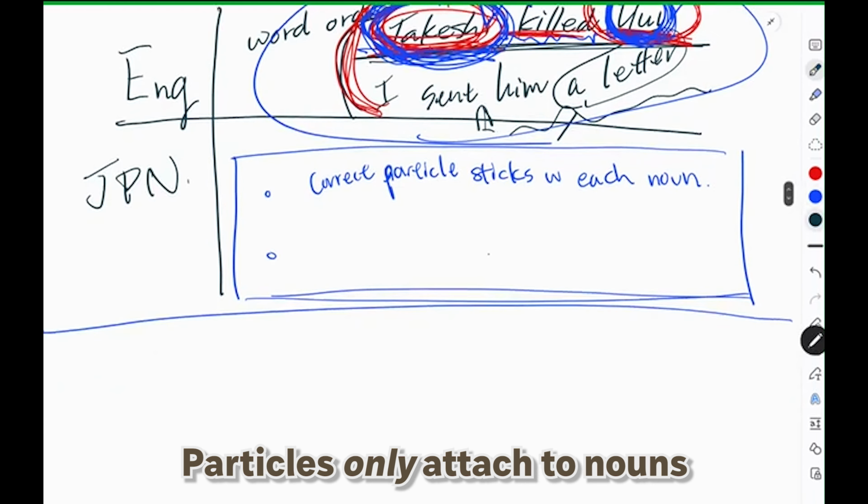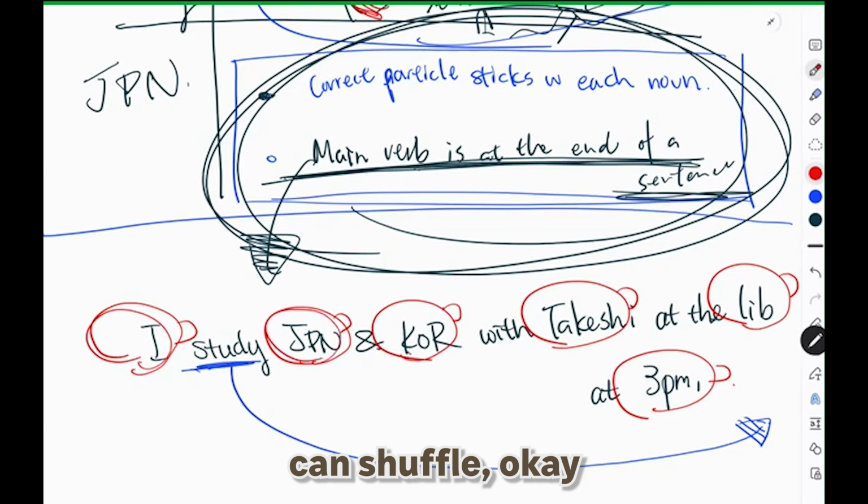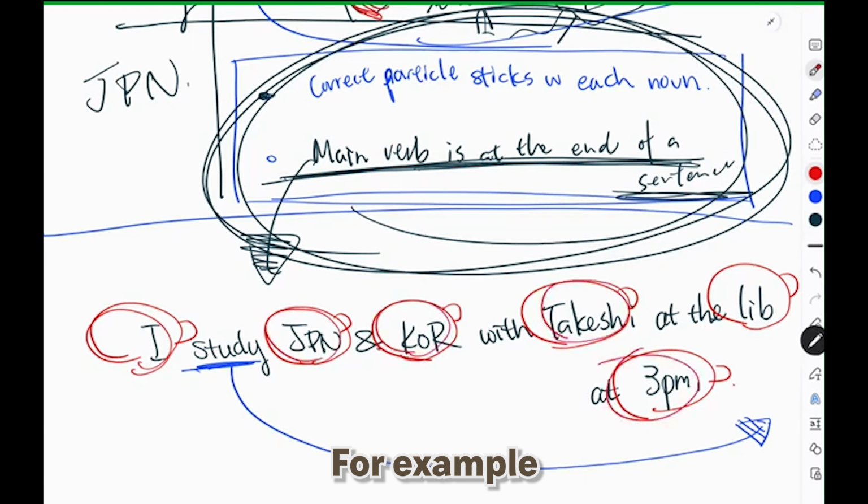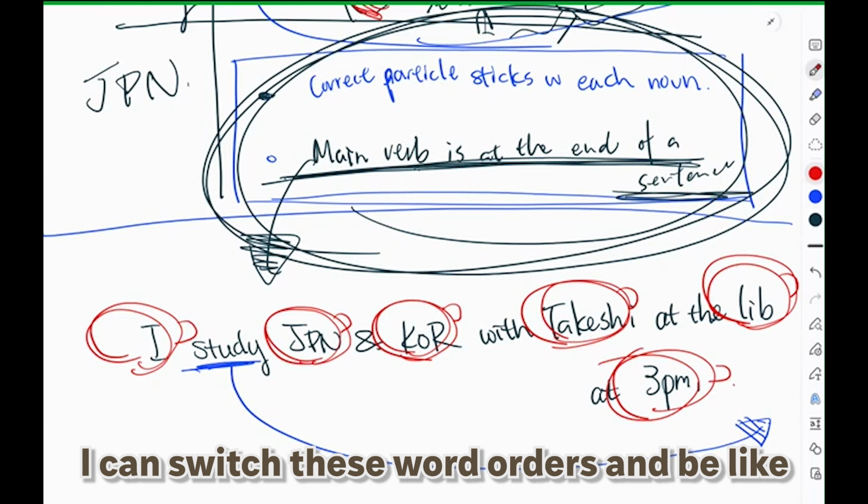So with this, basically, all these nouns that I circled, we can shuffle, okay? For example, I'm still talking English just to show how it sounds in English, and it's going to sound bad, but I think it's a good demonstration of how flexible Japanese can be. So for example, I can switch these word orders and say Takeshi, Japanese, Korean, 3 p.m., library, I, study.